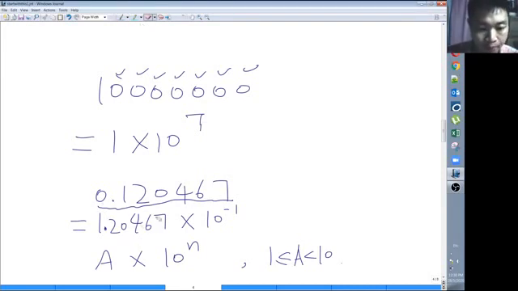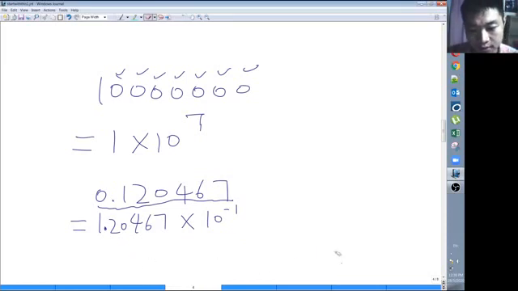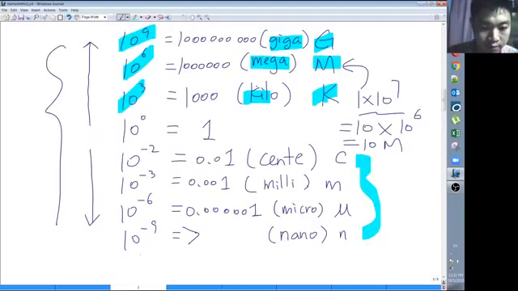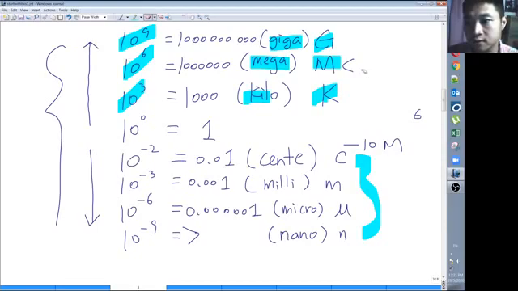So you have already expressed this in standard form. Now let's look at this number and see how we can make use of the letters to represent this. Let me copy this to the previous page. 1.20467 times 10 to the power, let me erase this first.